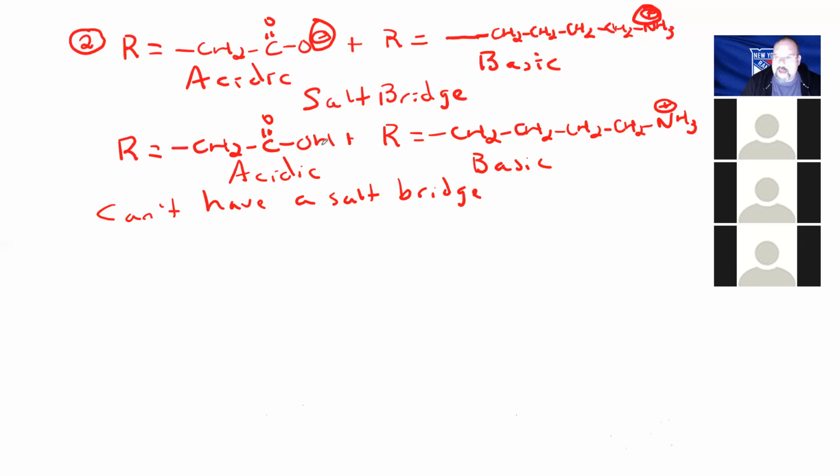So what could you have here instead? Well, the nitrogen still has hydrogens attached to it, and those hydrogens are going to have partial positive charges. Again, we can focus on the C double bond O oxygen, which has a partial negative charge. So instead of having a salt bridge between them, you could still have hydrogen bonding. But the key thing here is that the salt bridge essentially would not exist.